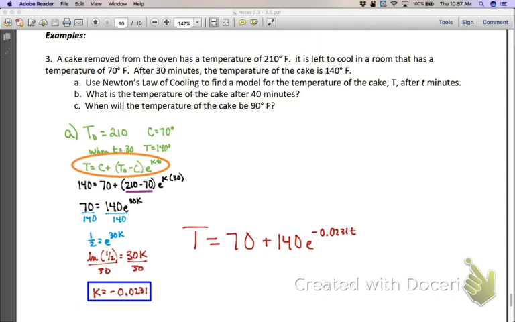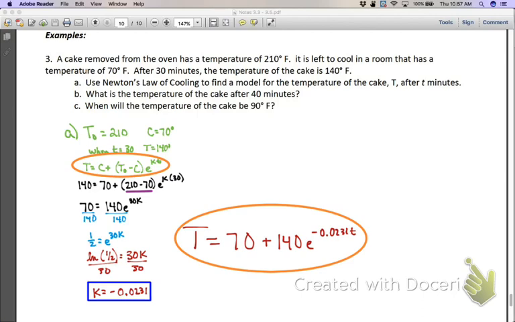For parts B and C, all I'm going to do is use the formula I have. After 40 minutes, I plug in 40 for the time. If I want it to be 90 degrees, I plug in 90 for T and solve from there. Everything is based off of the formula I have created for this particular instance.